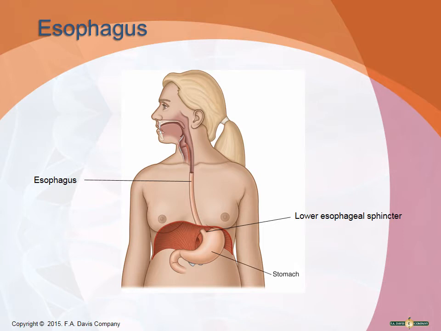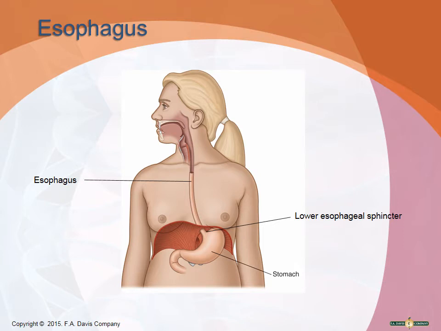The esophagus runs about 10 inches in length to below the diaphragm, where it meets up with the stomach. And there's a sphincter, or a round muscle that will open to allow food that's being swallowed to enter into the stomach.